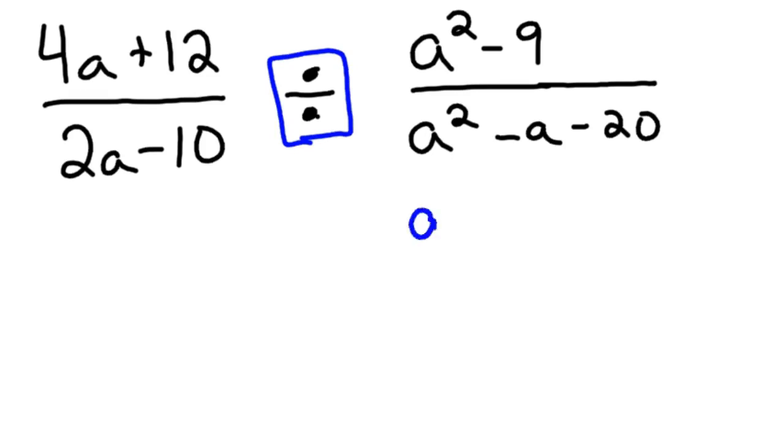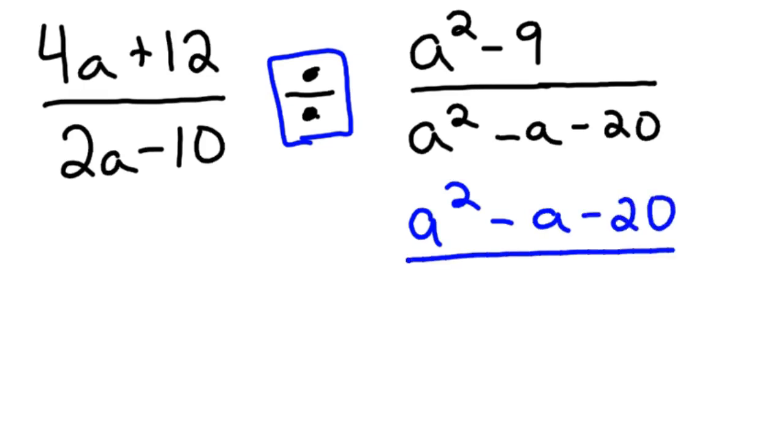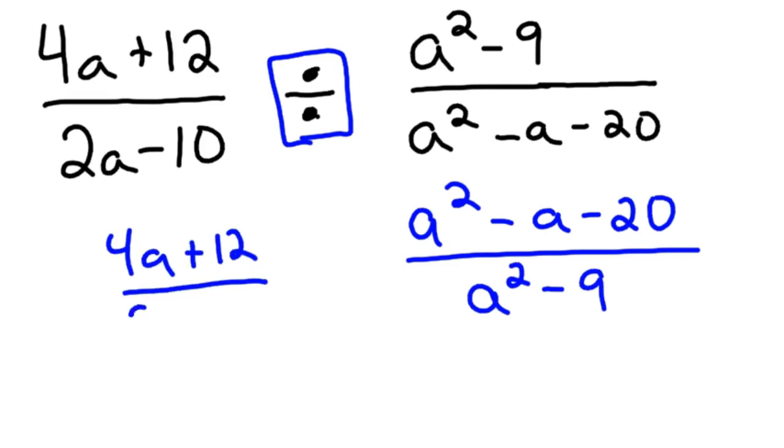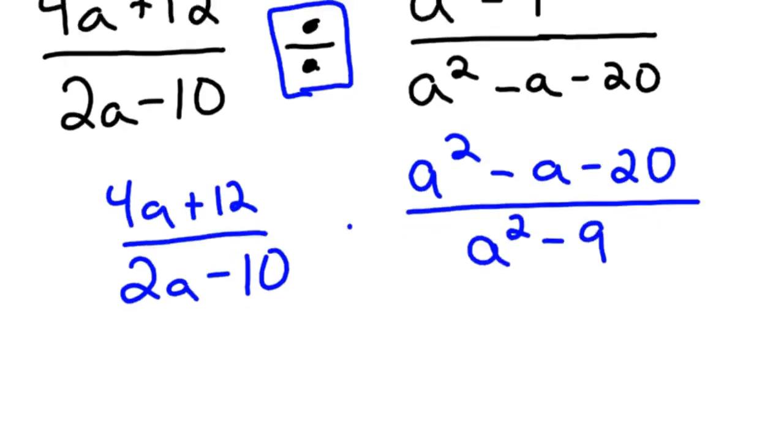So this should be a squared minus a minus 20 over a squared minus 9. This up here is 4a plus 12 over 2a minus 10. And we're going to change that to multiplication.